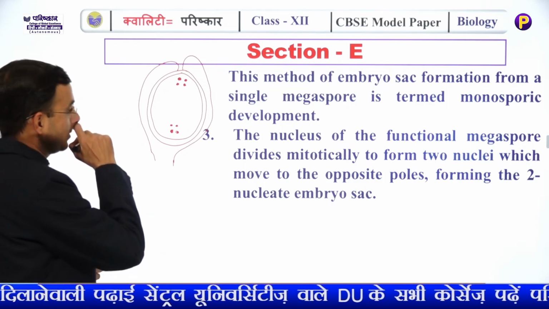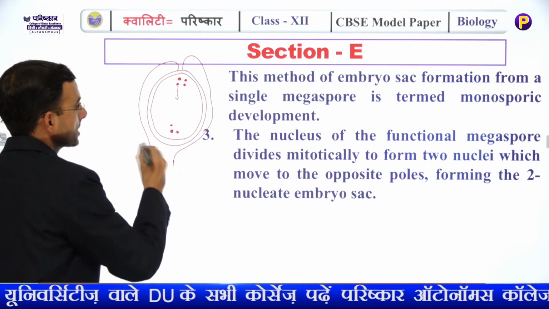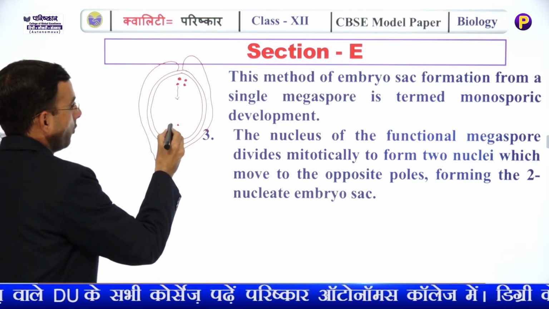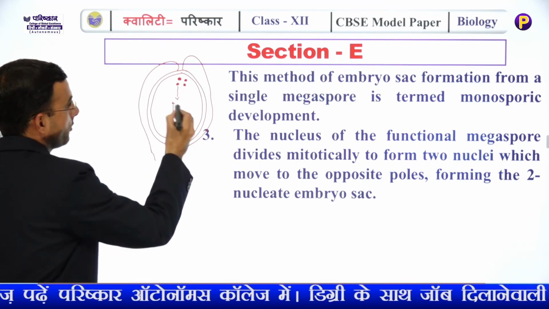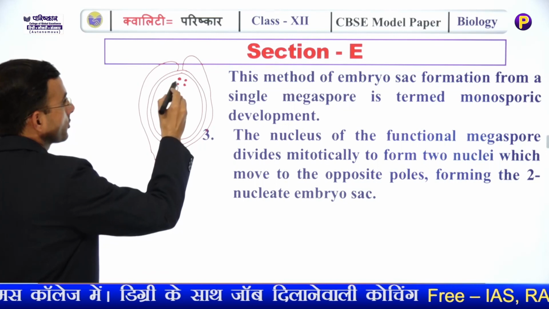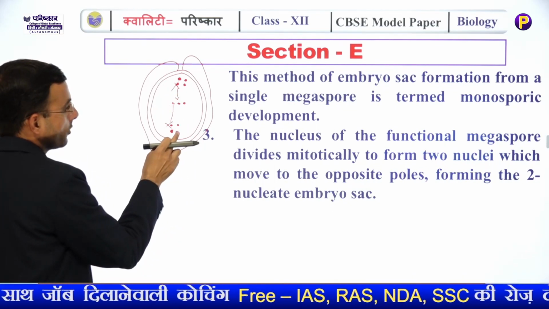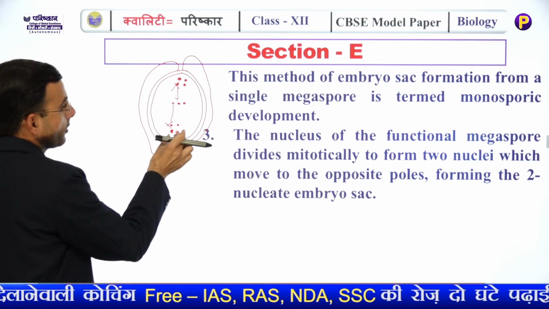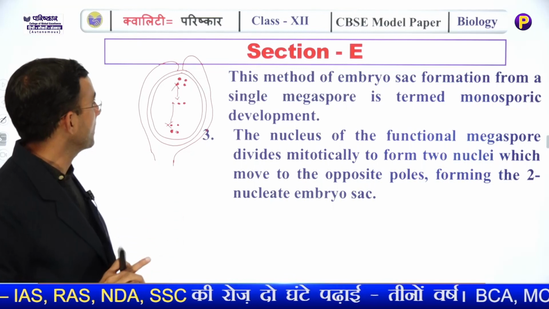Out of these 4 nuclei, one moves to this side and one moves to this side. So there are 3 nuclei remaining on this side and 3 nuclei on the micropylar end side.